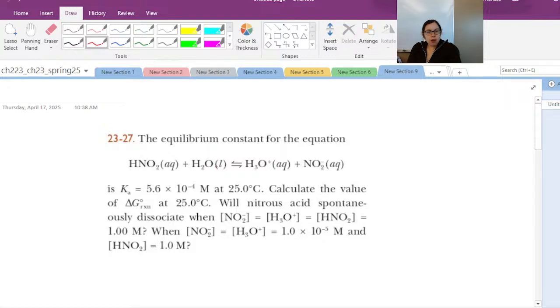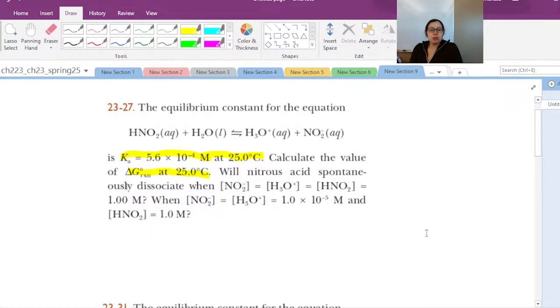Looking at it in water, our weak acid has some sort of dissociation to make hydronium, and then there's our conjugate base, nitrite. We're given our equilibrium constant at 25 degrees Celsius, so we can figure out our delta G. And then you can begin with the first conditions. Will it be spontaneous at 1 molar? And then we can look at the second set of conditions.